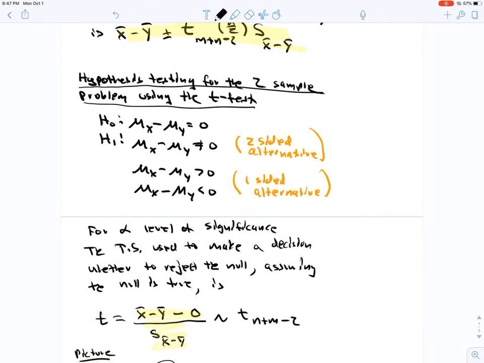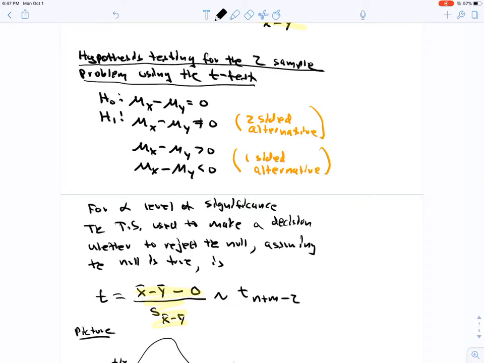Great. So now let's do hypothesis testing for a two-sample problem using the t-test. So we can have a two-sided alternative or a one-sided alternative, but our null is that the population means are the same, so their difference is 0.